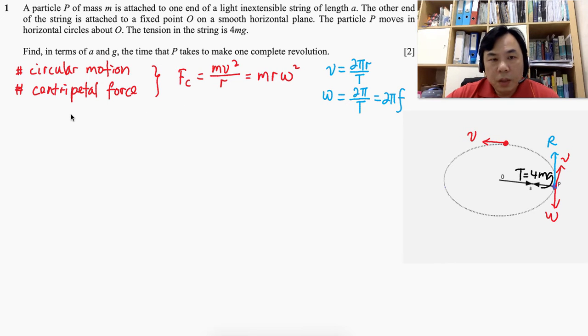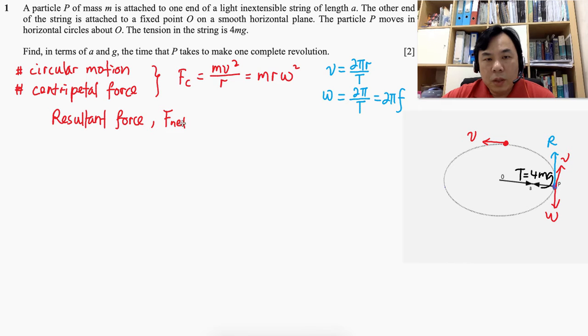So I'm going to come back here. The resultant force. So first of all, the first thing you need to know is resultant force. Now, resultant force is actually given by Newton's second law, F net equal to, or the resultant force, net force in this case, is actually given by mass multiplied by acceleration.